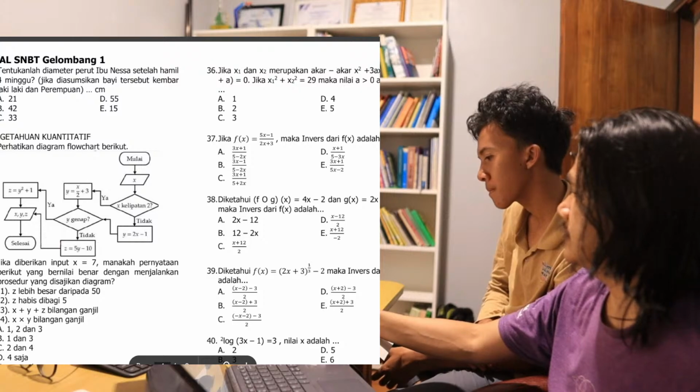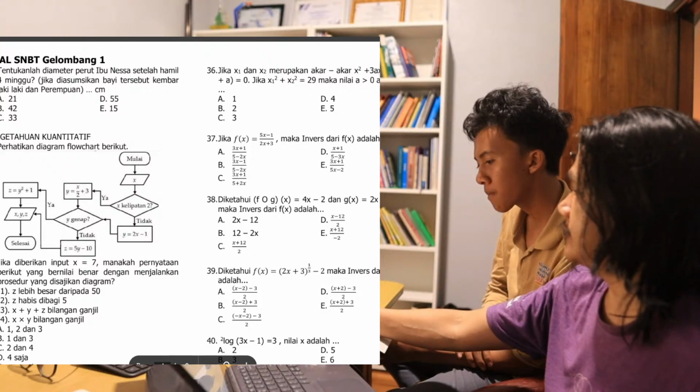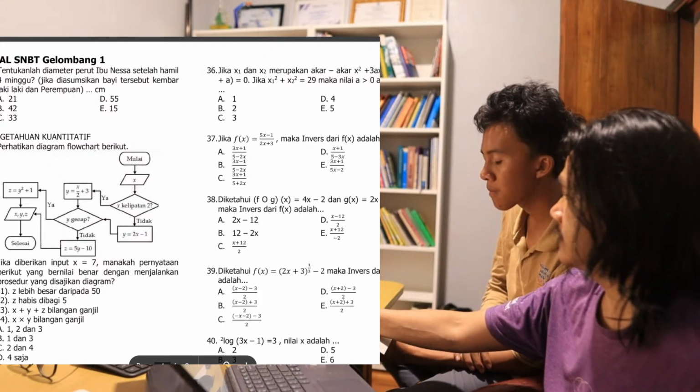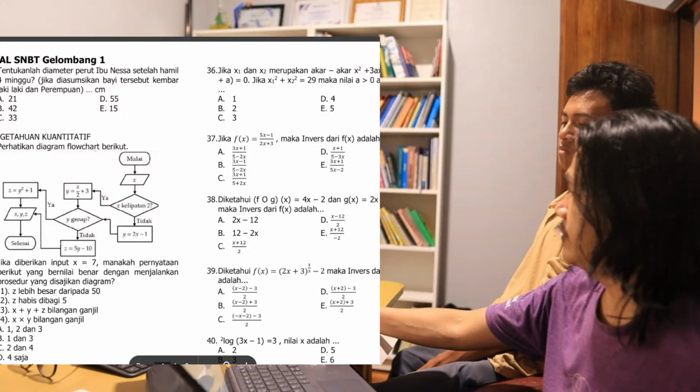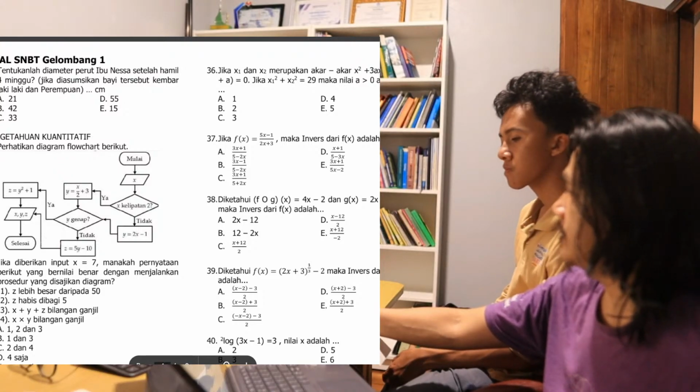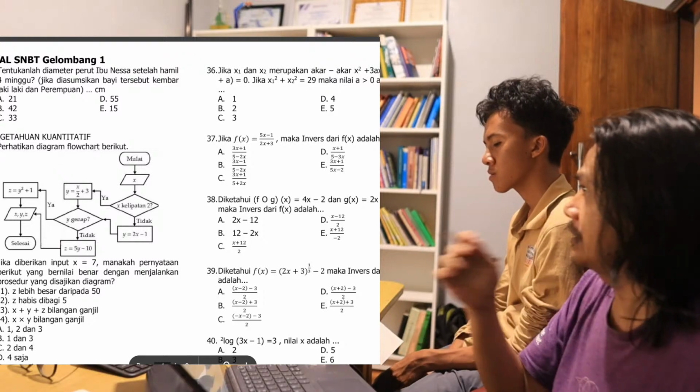If this machine is given x, it spits out y, and the f inverse is exactly doing the opposite. If it is given the input y, it's going to spit out x, right?